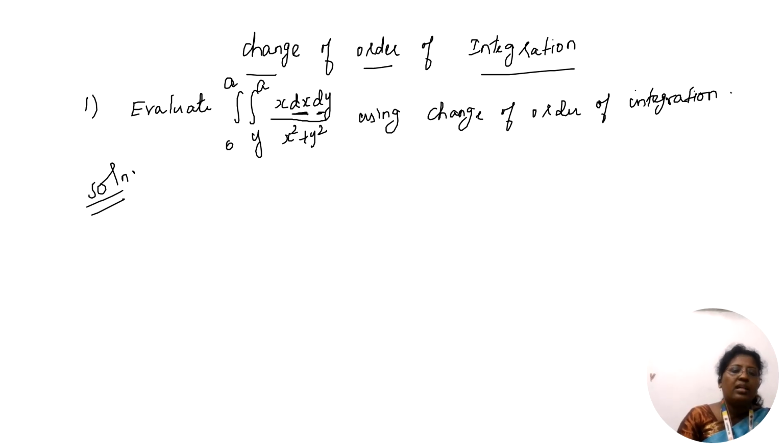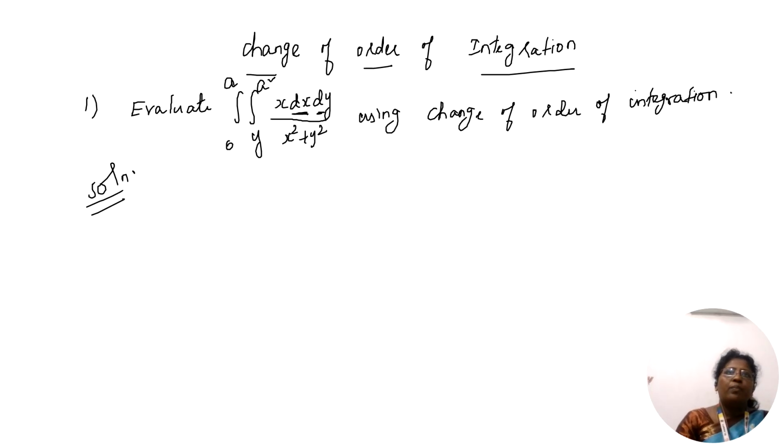If the inner integral is with respect to x, the limit must be in terms of y. Here the inner integral limit is in terms of y only, so the order of the integral is correct.